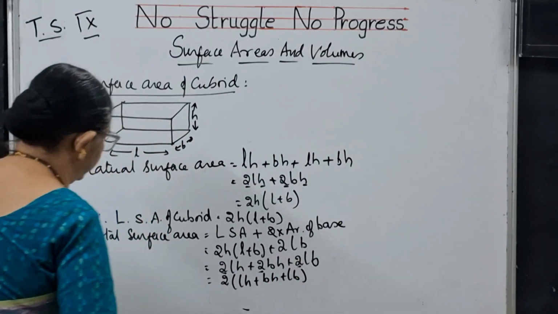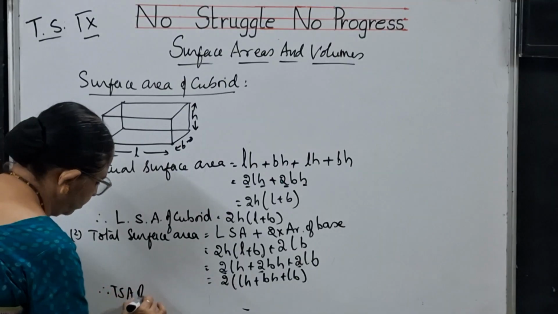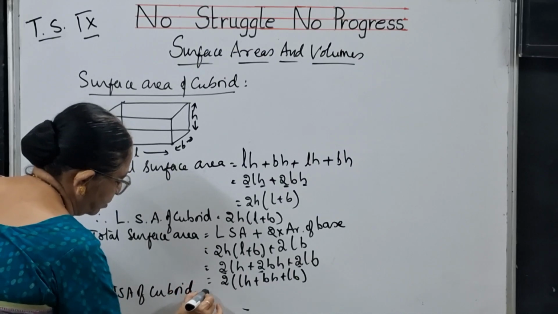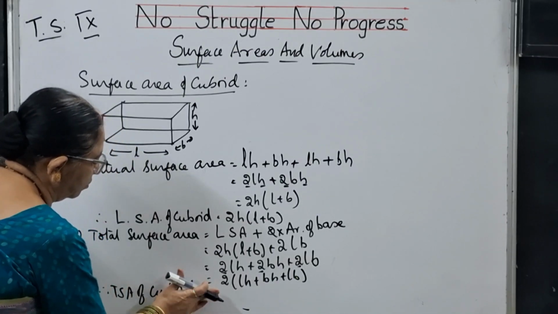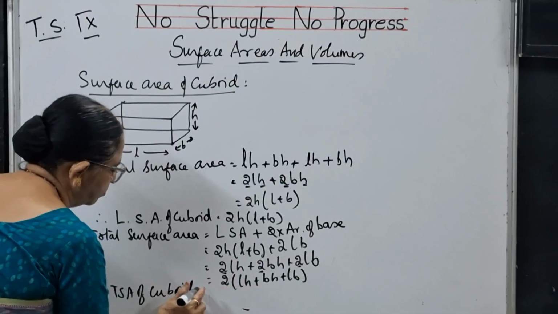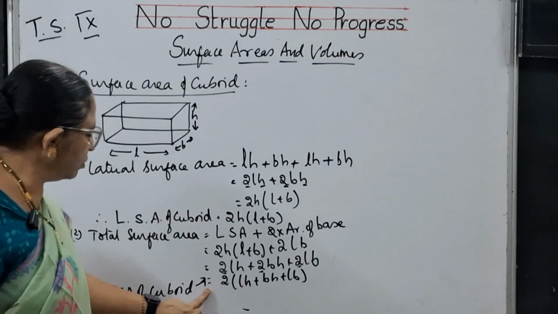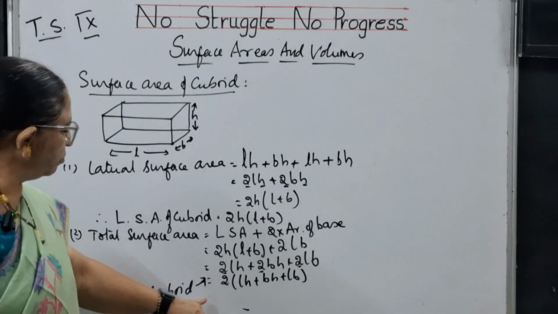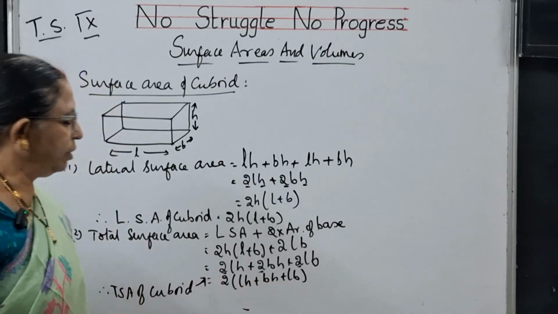Therefore, T.S.A. of cuboid is the same formula, so I need not write it again. T.S.A., total surface area of cuboid, is 2 into (LH plus BH plus LB).